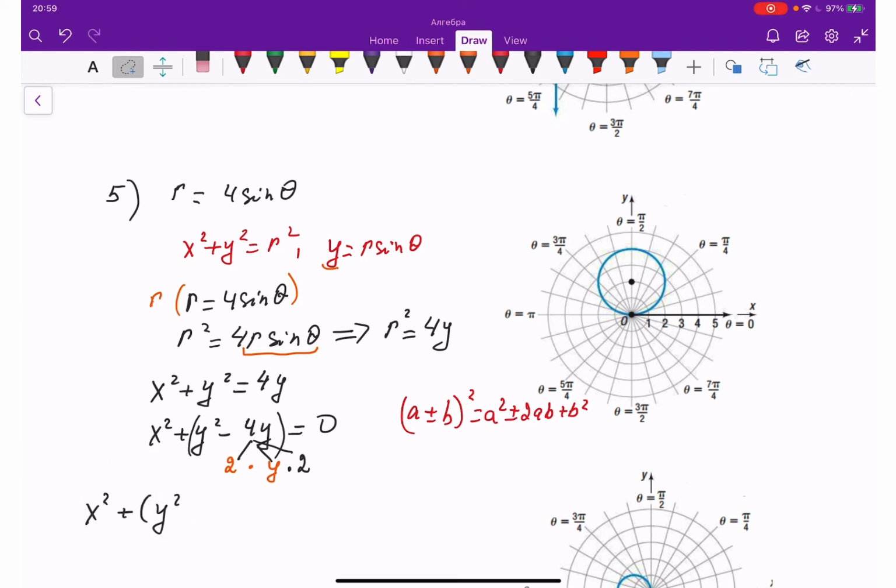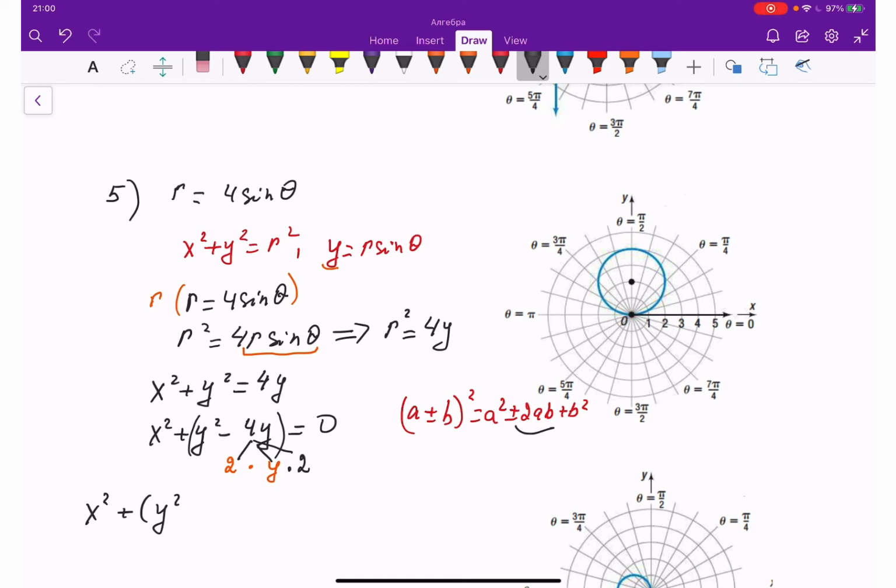So when I multiply this 2ab, I have to get 4y. So 2 is a constant, y I took as a, and b is going to be what is left, 2, right? We need to multiply by 2 to get 4y.